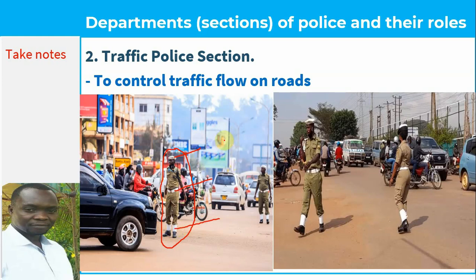When they ask you, why does the police put on a white beret? It is for easy identification. And what is the role of the traffic police? The role of the traffic police is to control the traffic flow, and they control the traffic flow in order to prevent or control road accidents.